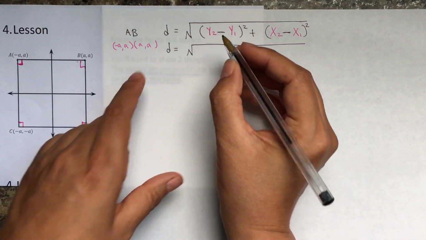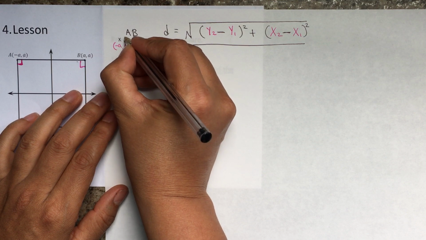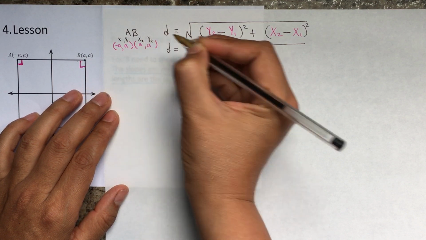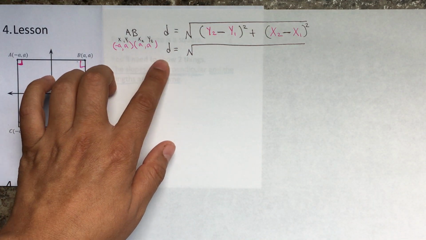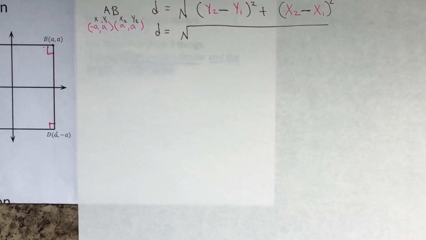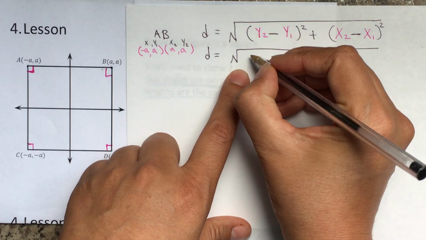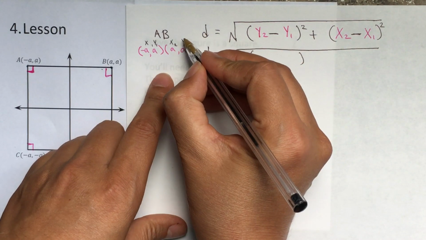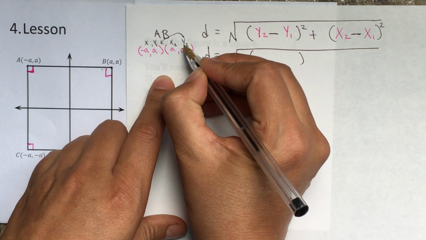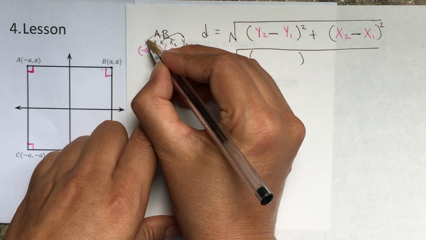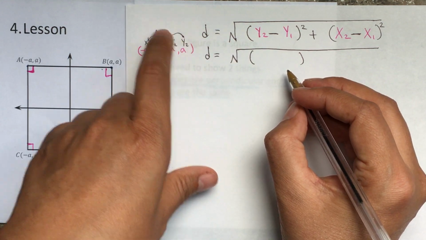And so this is x1, y1, this is x2, y2. And so similar to the slope, you just go this minus this, so y2 minus y1, and x2 minus x1, okay? Just like the same jump.